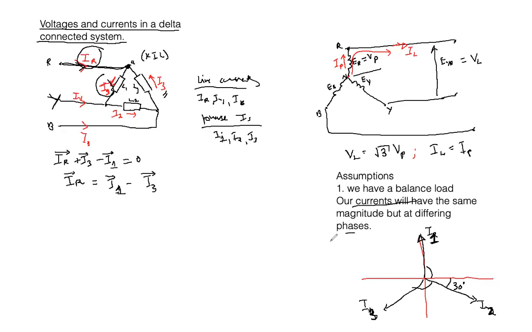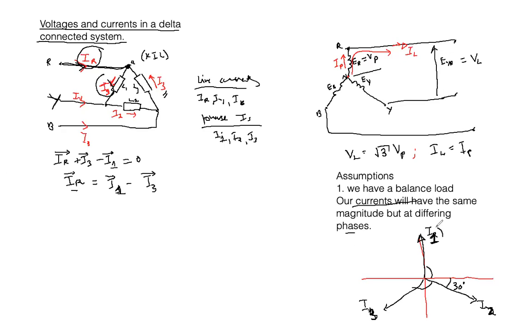Okay. So now, if I look at this and I want to find, so it's fine. Whatever we get, it will be fine. Okay. So with my equation, IR is equal to I1 minus I3.